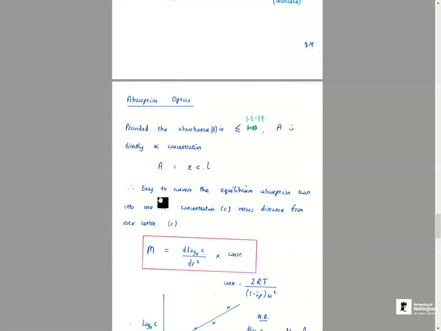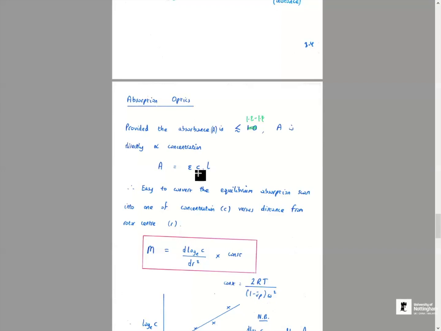Yeah, so it's easy to convert the equilibrium absorption scan into one of concentration versus distance from the rotor center. If we know the extinction coefficient and path length, we can convert absorbances into concentrations. Or we don't have to convert at all. We can just work in absorbance units.